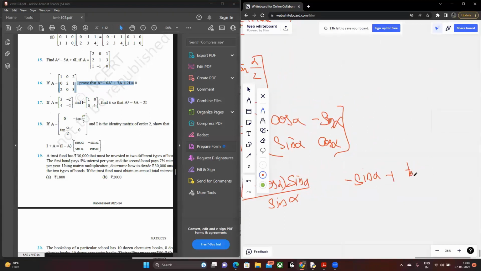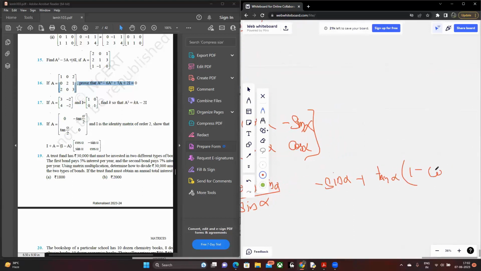plus tan alpha into 1 minus cos alpha. Wait, this is not tan alpha, this is cot alpha. This is going to be cos alpha divided by sine alpha. Let this be over here.